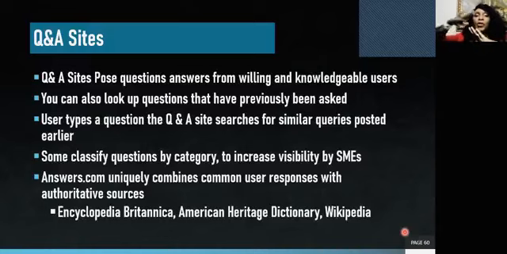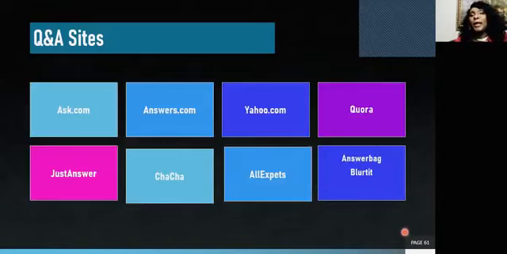Often the questions are categorized in such a way that it's visible to the subject matter experts. Answers.com is a very good example of question and answer social media sites. These are some other examples: ask.com, yahoo.com, Quora, Just Answer, ChaCha, and so on.